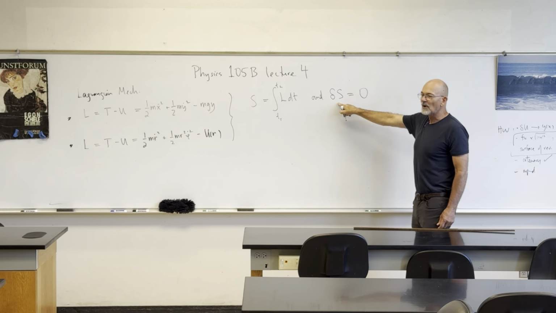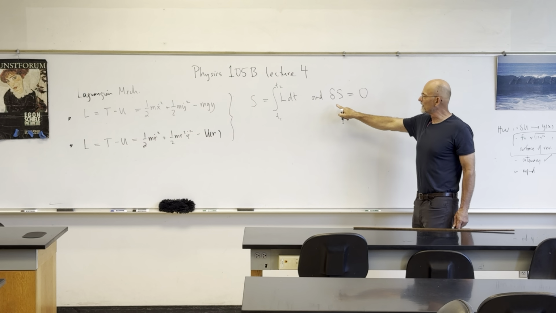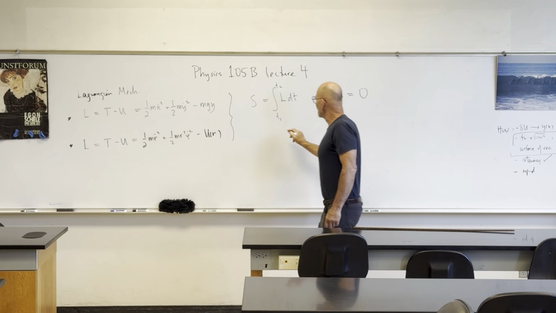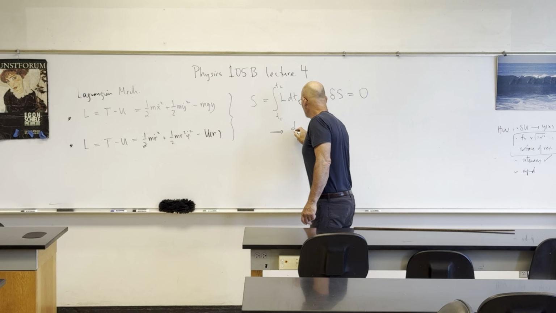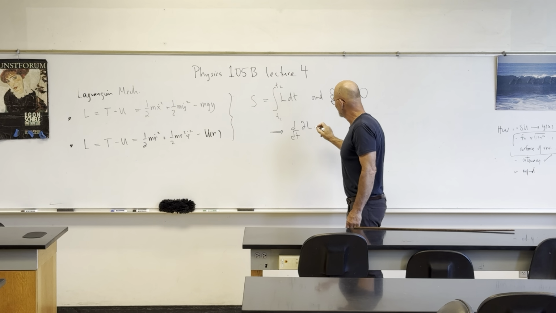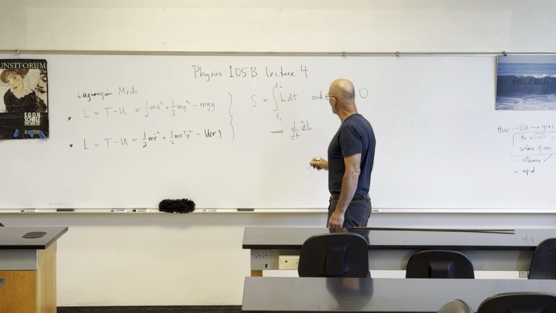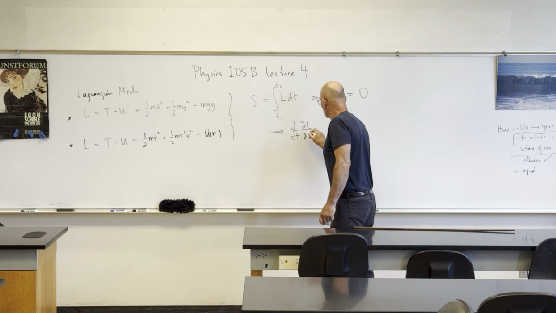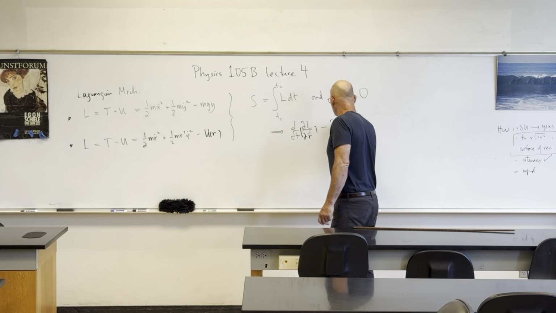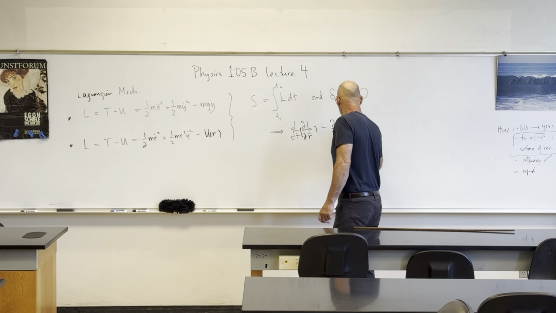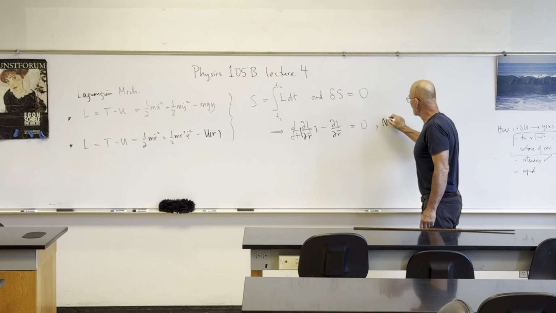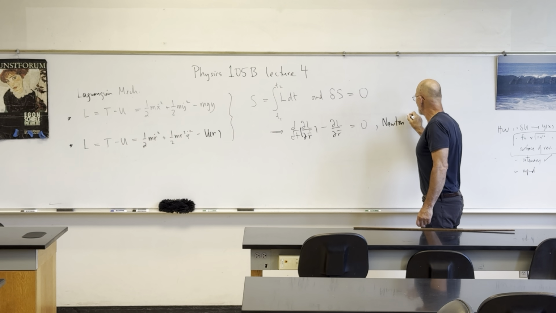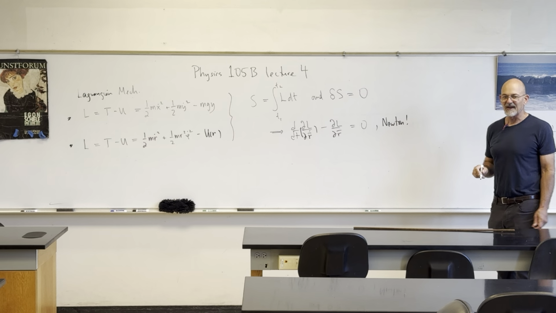This being that whole process coming up with the variational derivative, that gives us d over dt of dL d r dot minus dL dr equals 0. Three equations at a time, and this was Newton's law. The Euler-Lagrange equation has actually turned into Newton's law.